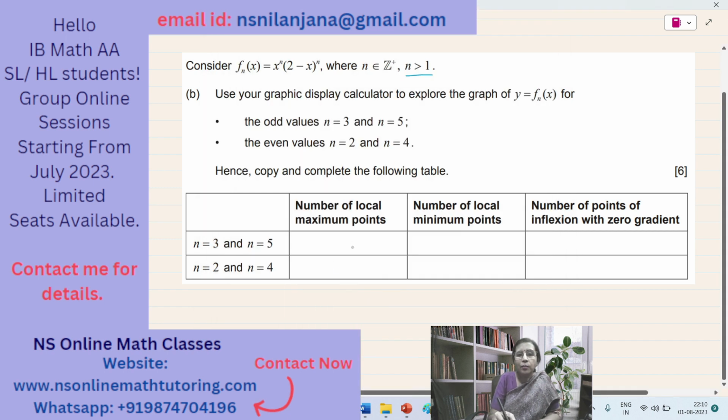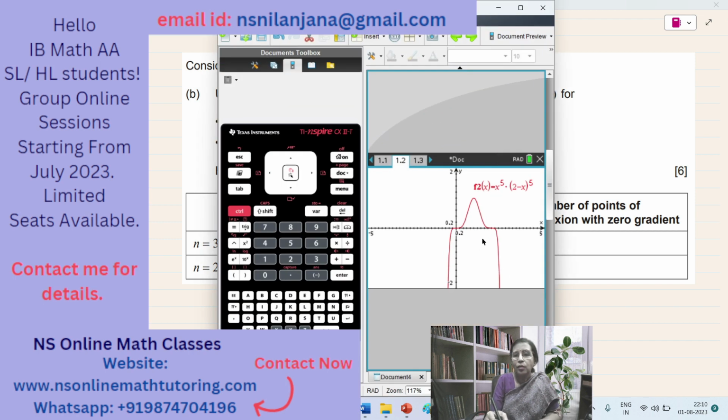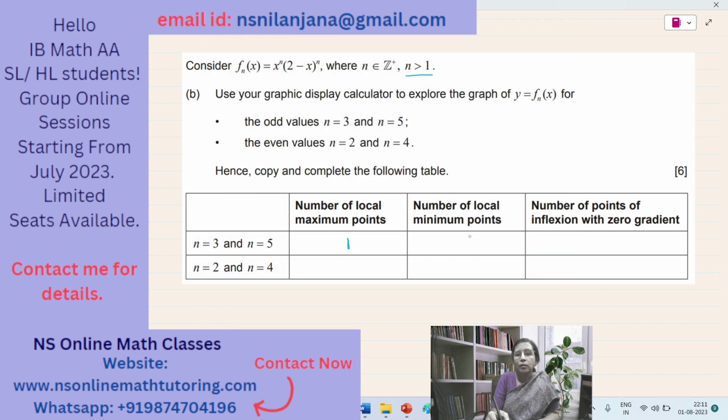So number of maximum points is 1. Number of local minimum points, we don't have any minimum points. So 0.